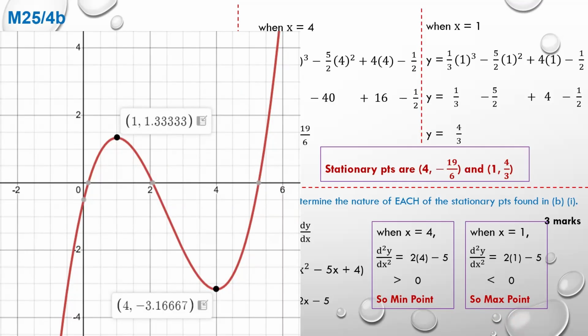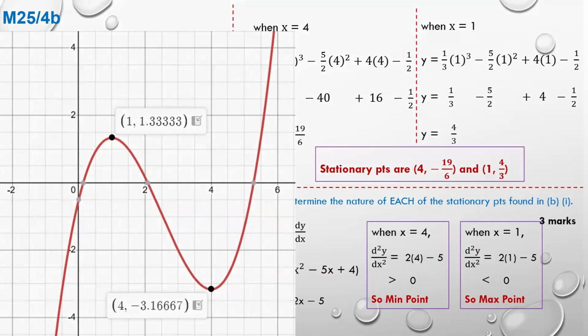It'll come up to a maximum point when x is 1 and y is 4 over 3 or 1.33. And that is a maximum point when x is 1. We just worked that out. And it'll come down until it reaches x equal to 4 and y equal to minus 19 over 6. And then it'll start to go back up. So at the point when x is 4, it's a minimum point. So it supports our solution.